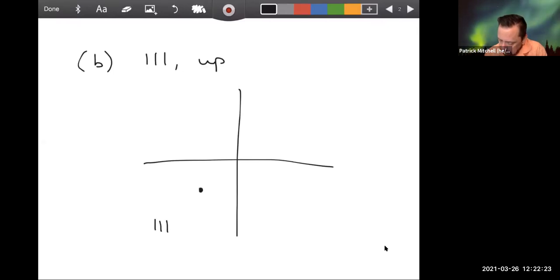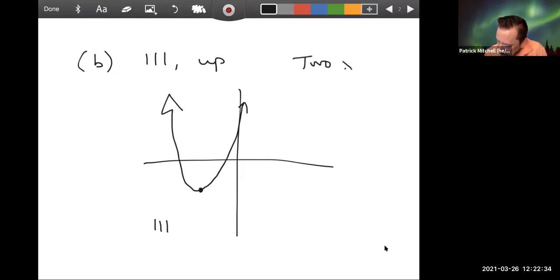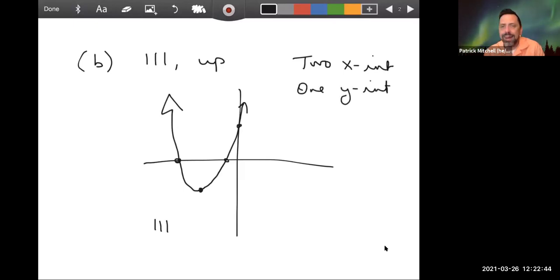And as soon as you tell me my parabola opens up, that automatically means there are 2 X-intercepts. And as always, 1 Y-intercept. Okay. So consider that to be our little warm-up. Let's go back to the presentation.